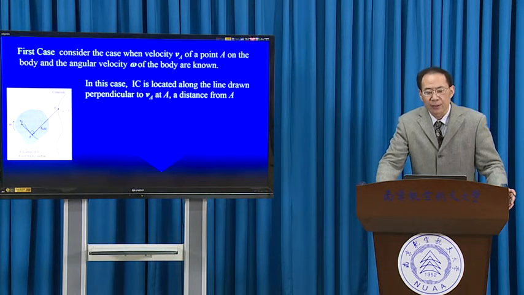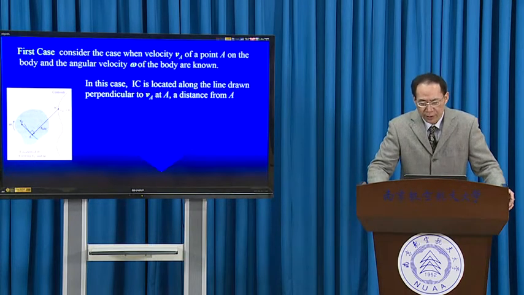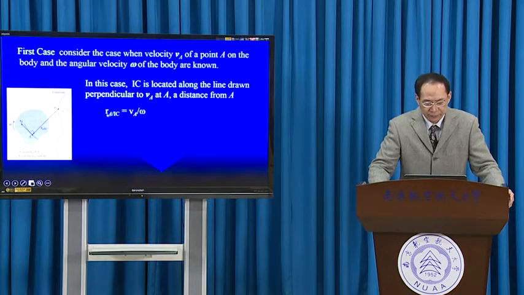In this case, the IC is located along the line drawn perpendicular to VA at A, at a distance from A. R of A relative to IC equals VA divided by omega.